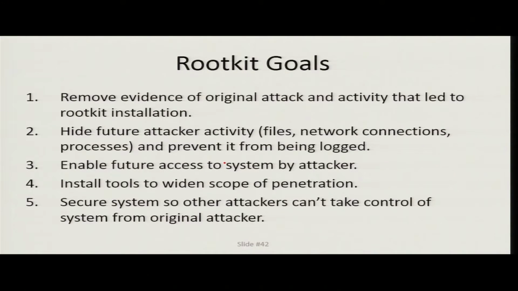So the goal of a rootkit is to remove evidence of the original attack and whatever activity the malware is doing, and hide future activities. If it is creating a new file, creating network connections, or launching new processes, those are to be hidden, and logging is prevented, and that enables the attacker to be in your system without being detected.